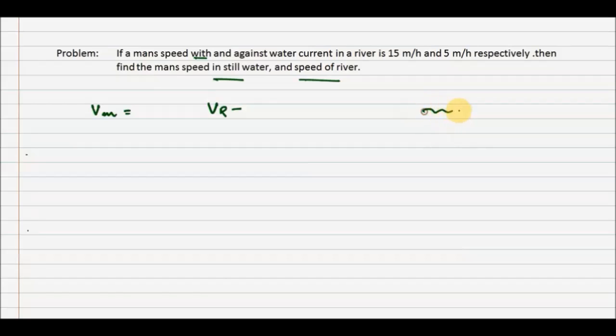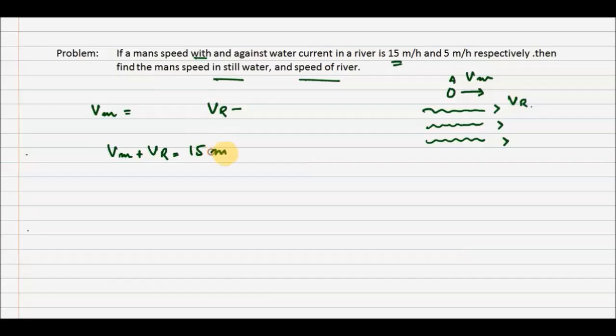If this is the river, and the person, let me say person A, is traveling in the direction of the current, in the direction of the river, then this speed is equal to 15 meters per hour. If this is Vm and this is Vr, then Vm plus Vr is simply 15 meters per hour.